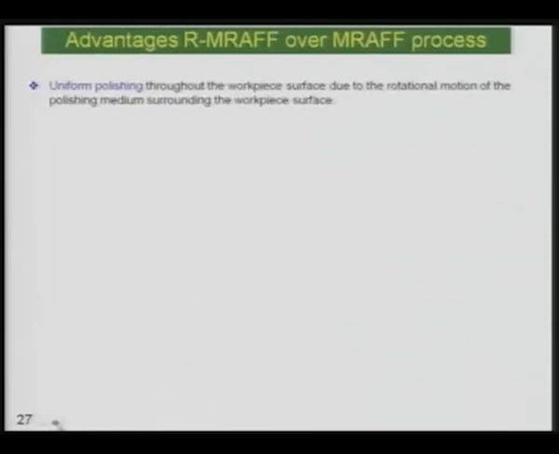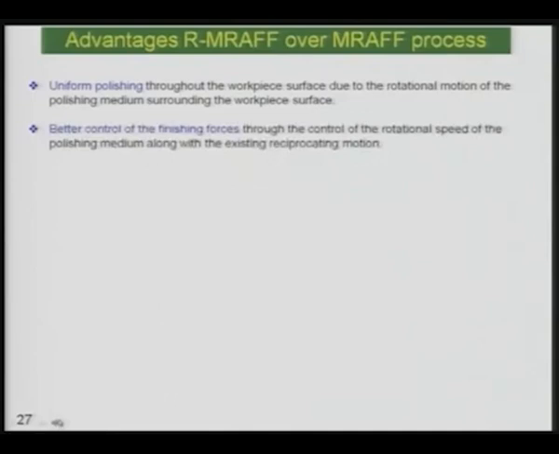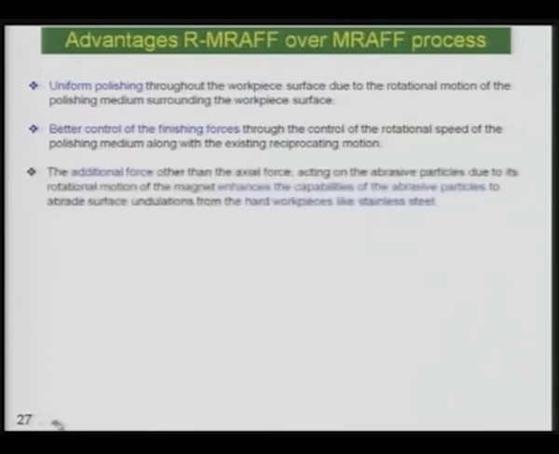Advantages of the RMRAF process over the MRAF process: uniform polishing throughout the workpiece surface due to the rotational motion of the polishing medium surrounding the workpiece surface. Then better control of the finishing forces through the control of the rotational speed of the polishing medium along with the existing reciprocating motion due to the hydraulic unit.